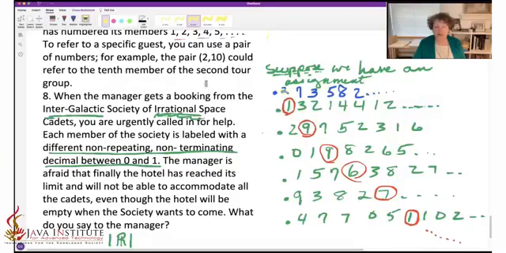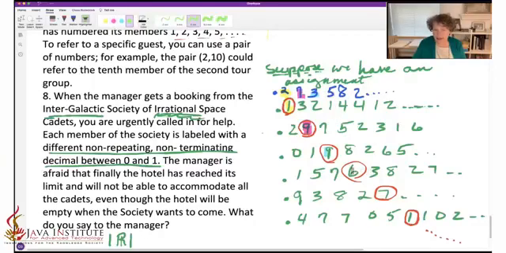Because it's different from the first number. It's different from the second number. It's different from the third number in the third place. You know, it might have been the same as the first number and the second number in the first two places, but it's different in the third place.